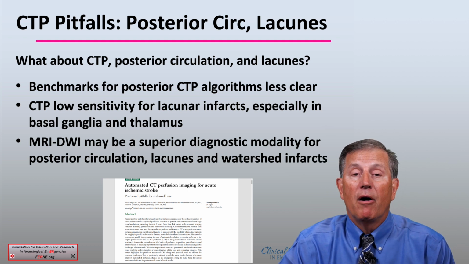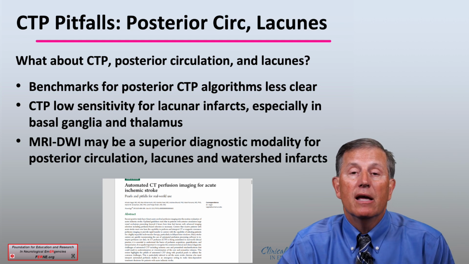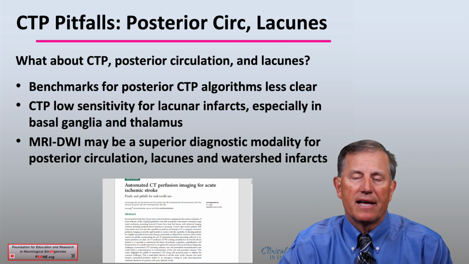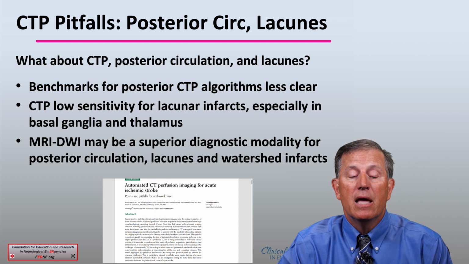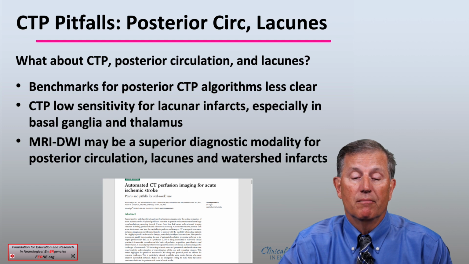And we know that MR-DWI may be a superior diagnostic modality for the posterior circulation, lacunes, and watershed infarcts. So in summary, in posterior circulation problems, if you're trying to accurately assess the size of the core infarct and the ischemic penumbra, MR-DWI testing may be a superior choice.